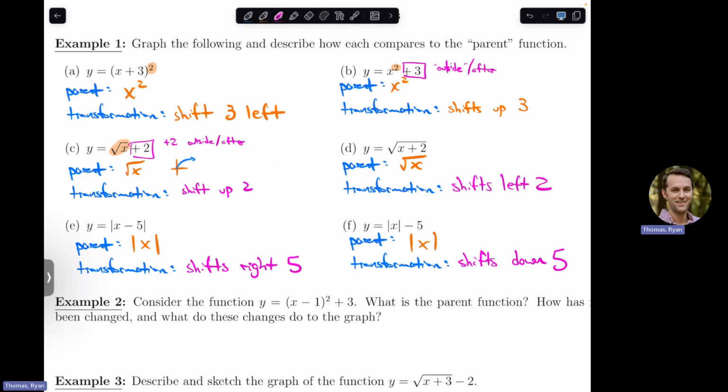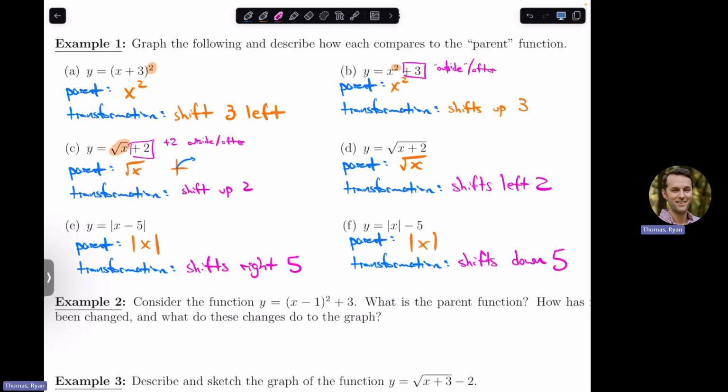Its domain is 0 to the right. Well, you take the whole thing, you move the graph over, but that window that it lives in moves with it as well. 0 was the smallest value that would work, but we slid the whole thing to the left. Now it's -2. It doesn't change the way it behaves, but it slides the whole thing along with it. Okay.